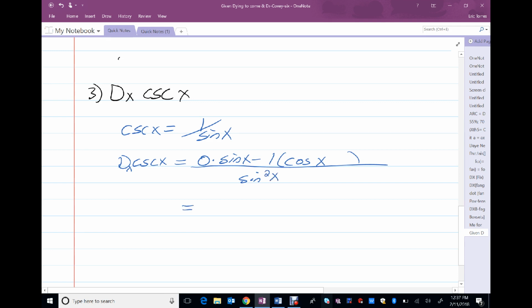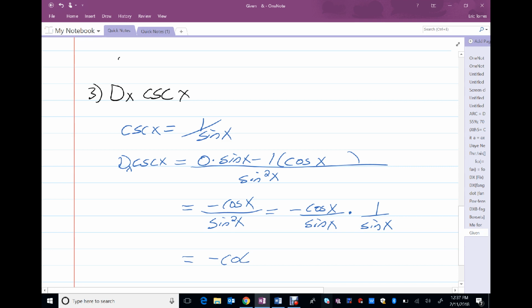Which will give me negative cosine of x over sine squared of x, which can be written as negative cosine of x over sine of x times 1 over the sine of x, which is negative cotangent of x times cosecant of x.